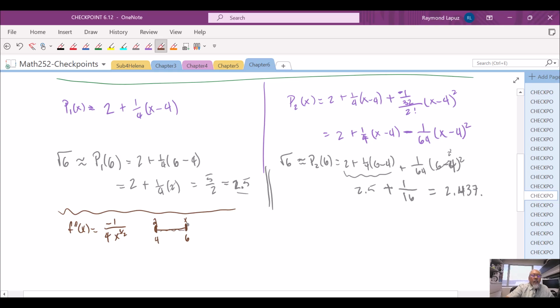So within here, what is the largest value? So x to the 3/2 is an increasing function, some sort of power function that goes up. So this will give you the largest value when x is equal to 6.